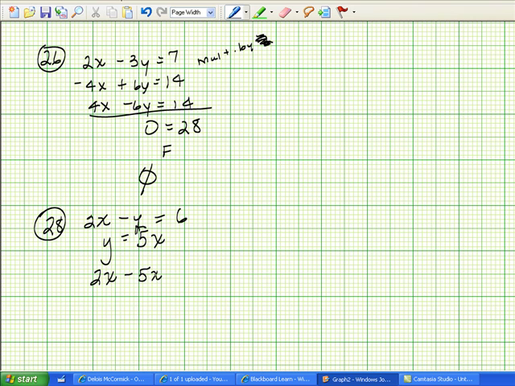X is negative 2. So y equals 5 times negative 2. Y equals negative 10. Okay, so if we look at the first equation, 2 times negative 2 is negative 4, minus negative 10 would be plus 10, gives us 6, and negative 10 is 5 times negative 2, so they check.